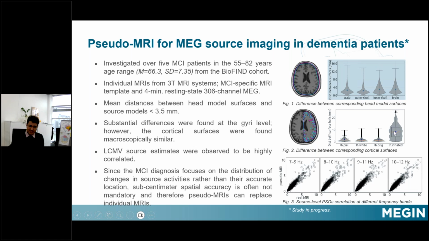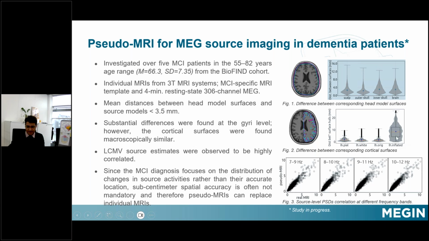This is too high because this is an inflated surface, and inflation means you open up all these gyri surfaces. And since this pseudo MRI uses basically the template cortical surface, which has fewer gyri, the extent of folding is lesser, and that's why when you inflate it, it goes smaller than the inflated surface.